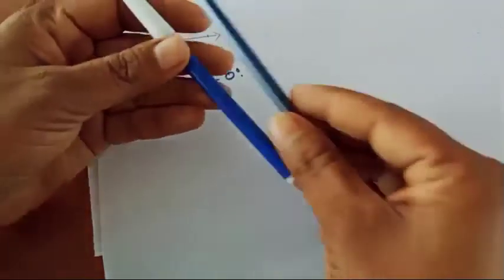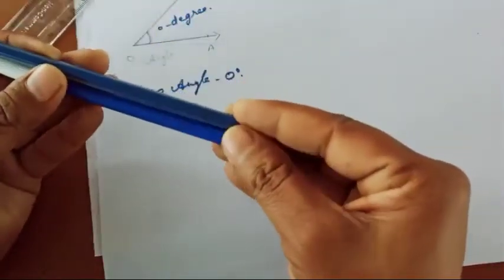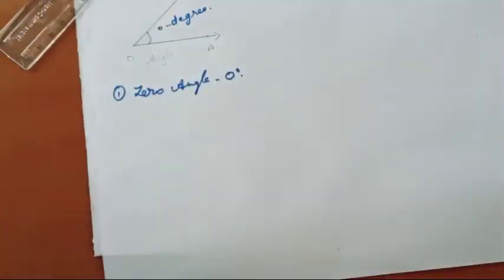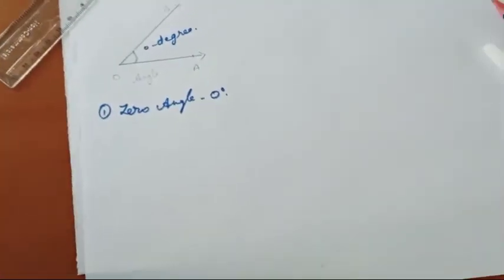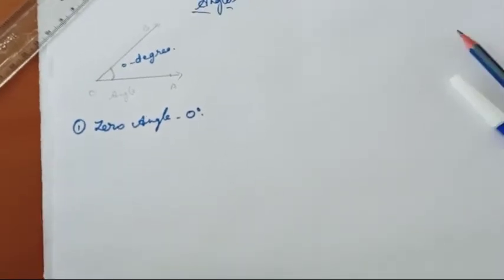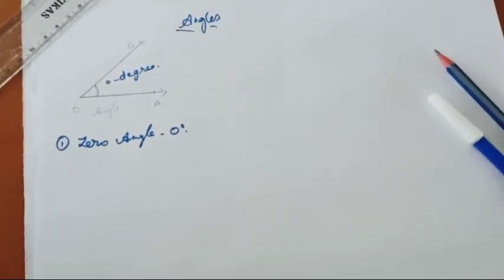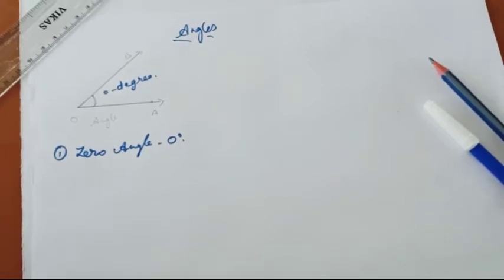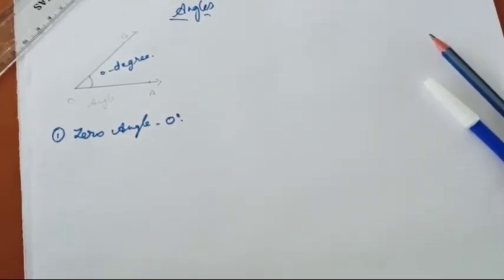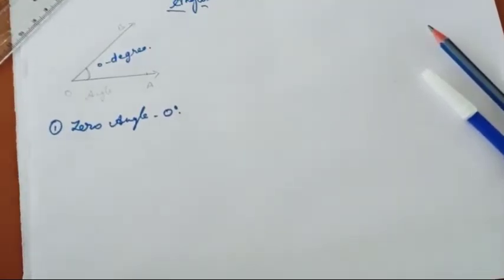Suppose these are the two rays originating from same point, then this will be the situation. Now, this will be 0 degree angle.